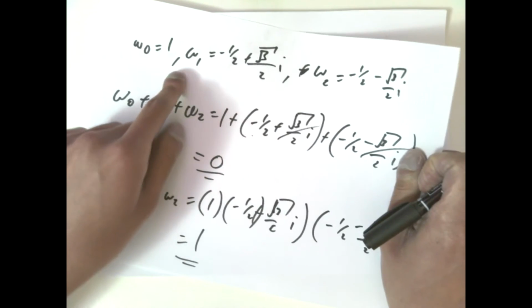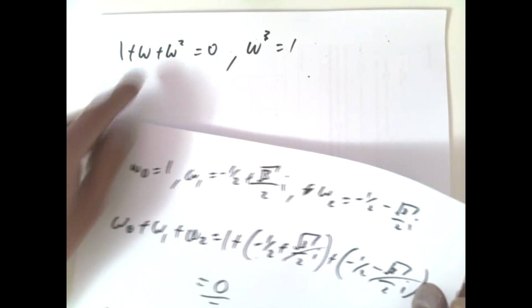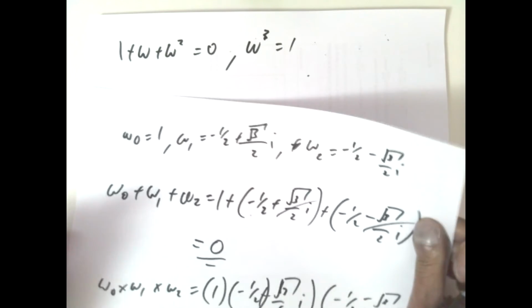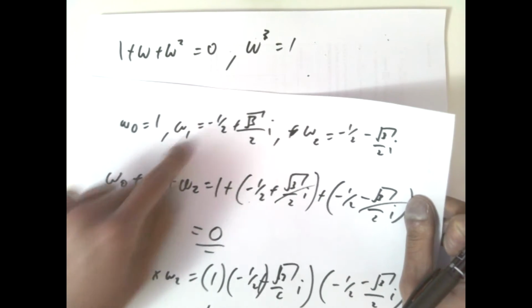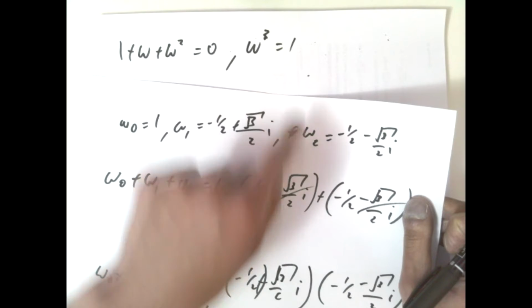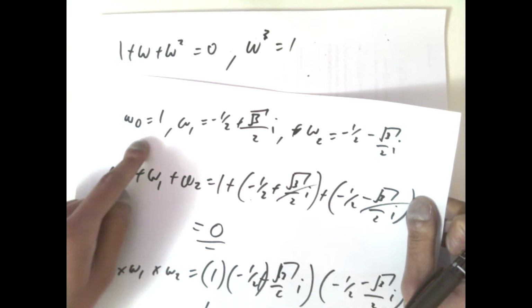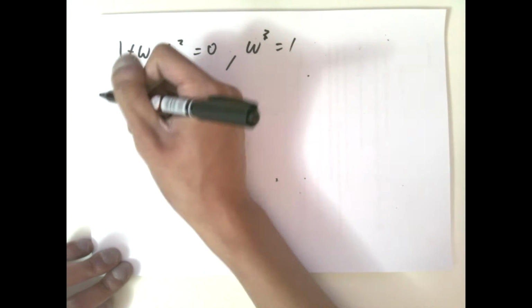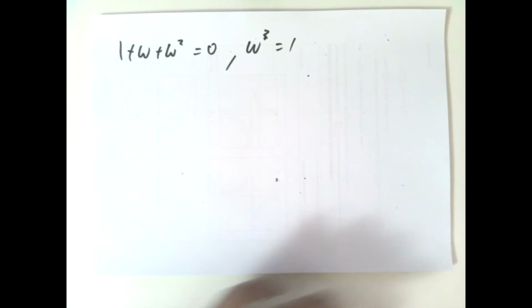Letting either omega 1 or omega 2 be omega, or letting any one of them be omega, if we cube it, we get 1. If you were to cube omega 1, you're going to get 1. If you're going to cube omega 2, you're going to get 1. If you're going to cube omega 0, you also get 1.